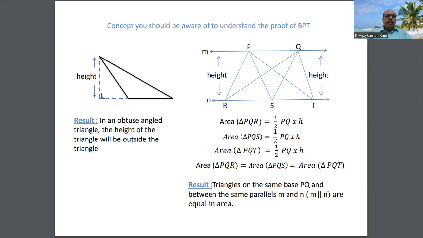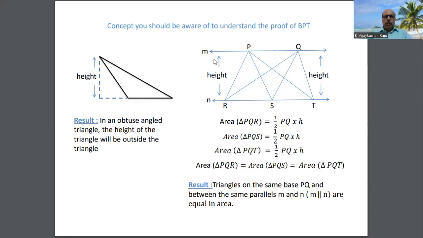So this will be the height. If you see this height, in this obtuse angle triangle, the height is not inside the triangle, it is outside the triangle. That's why I have indicated it with the blue dotted line. So for an obtuse angle triangle, the height of the triangle is outside the triangle.